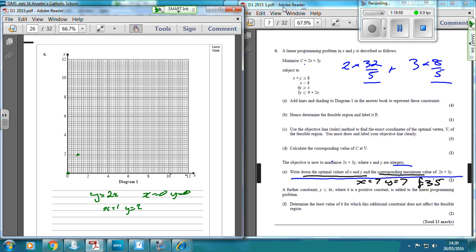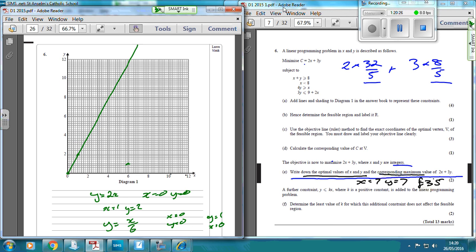So y equals 2x looks like this. Y equals x over 6 means that x equals 0, y equals 0, and y equals 1, x equals 6 would lie on that line, so 6, 1 would lie on the line. So that looks like that.